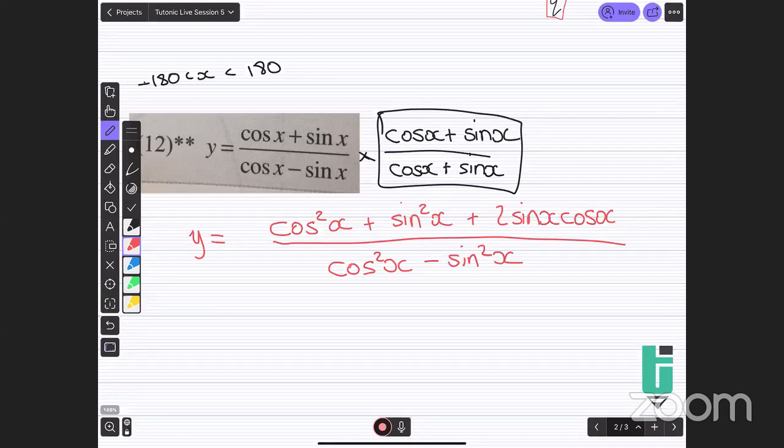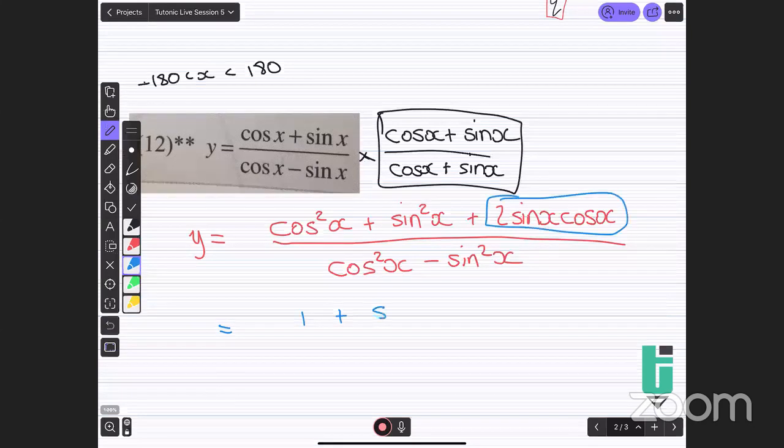And cos squared plus sine squared is 1. And 2 sine x cos x is sine of 2x. And cos squared minus sine squared is cos of 2x.